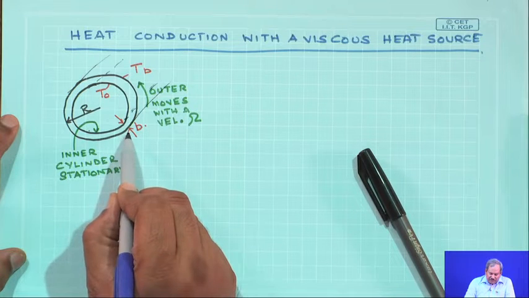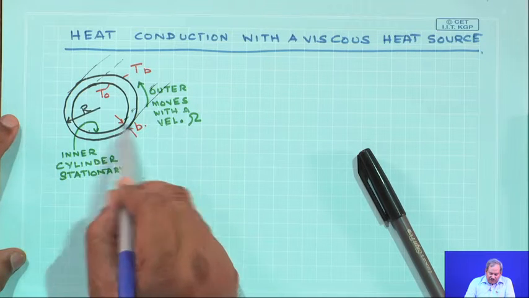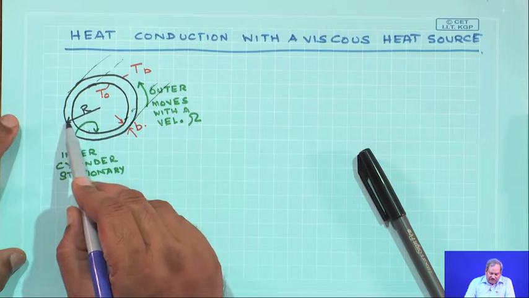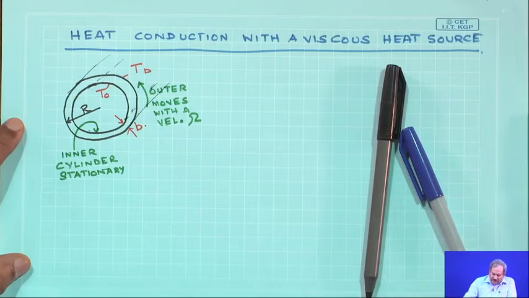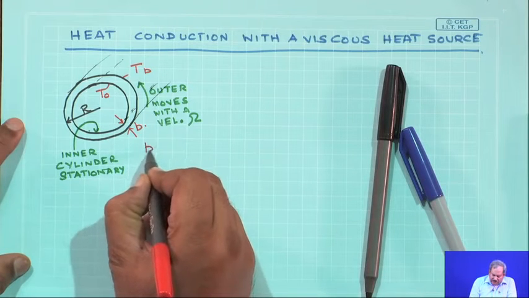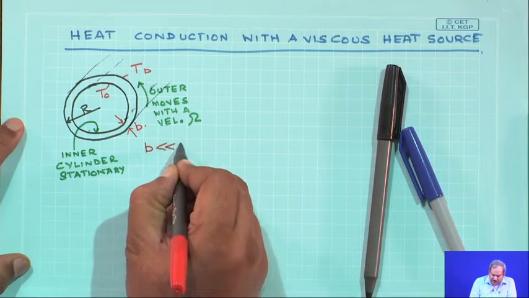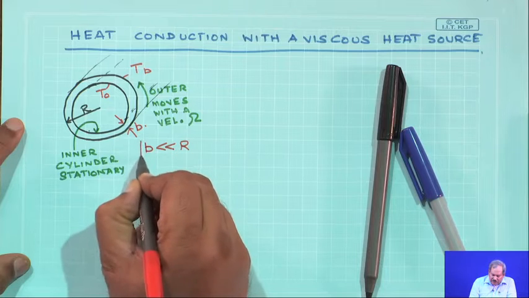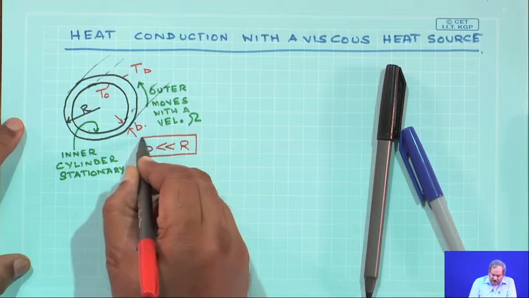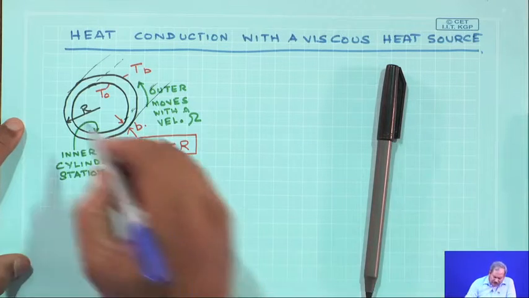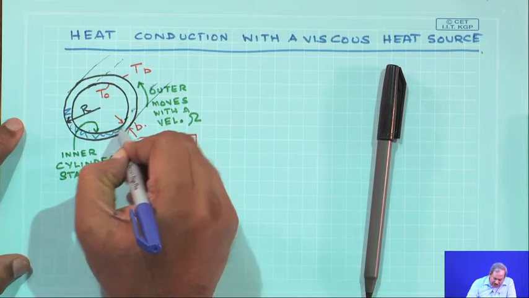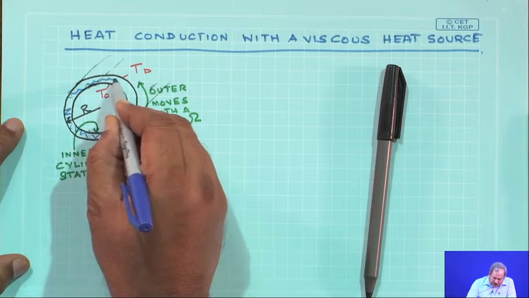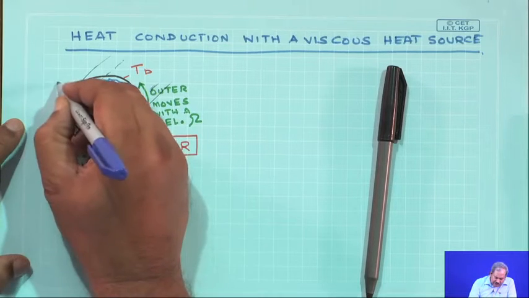The separation between the two cylinders is B, and the radius of the cylinder is equal to R, and what we are saying is that this B, the separation between the two cylinders, is very small as compared to the radius. So, this is what we have, and the intervening space is filled with the lubricant.